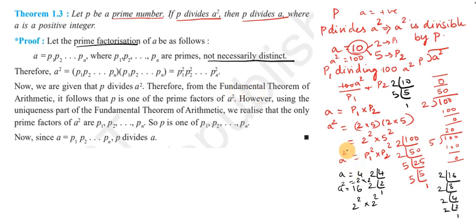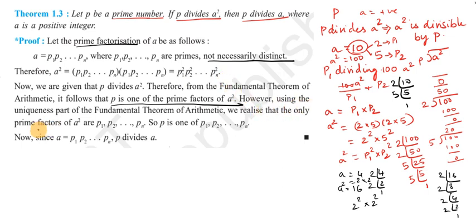That is what we've seen here. The numbers we have taken are all composite numbers and they are expressed as a product of primes. So according to it, P is one of the prime factors of A square. Though we have written it as P1, P2, P3, P is one of the P1 or P2 or P3.